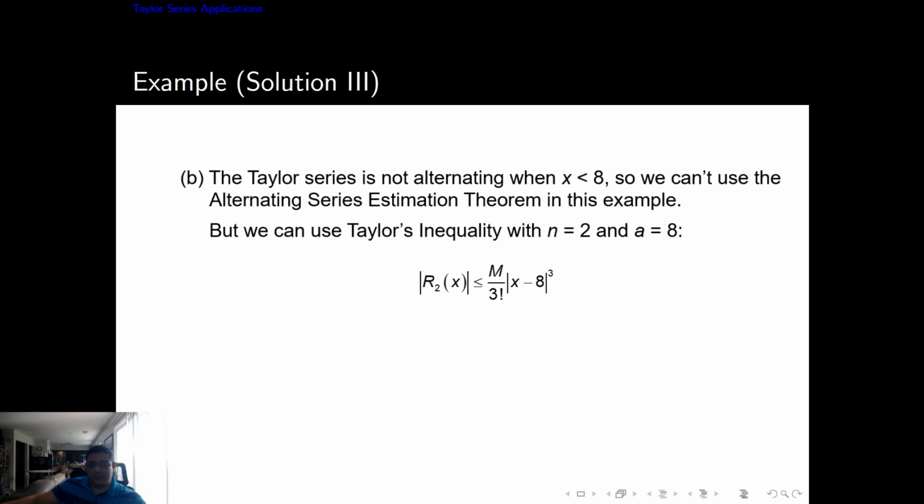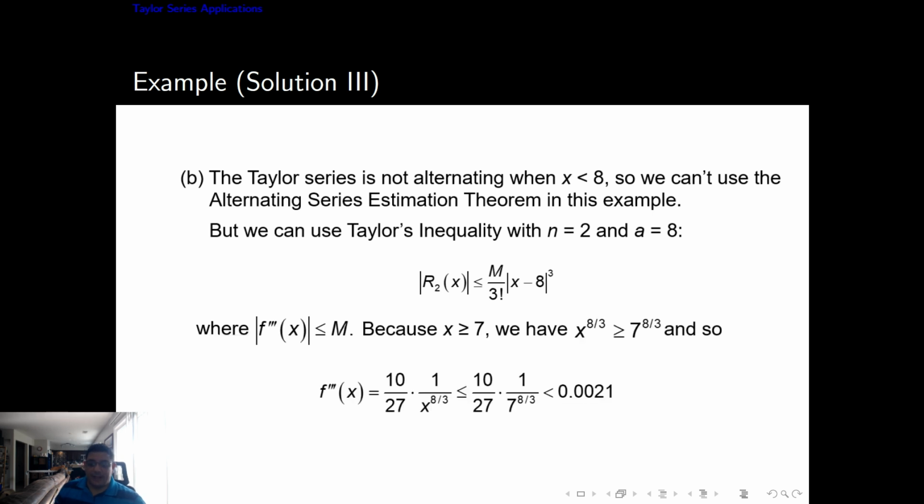So we're going to have this set up where the absolute value of the error for the polynomial of degree 2 is less than a certain constant M over 3 factorial times x minus a to the cube. Now, together with that, we want to explore what M is going to be.